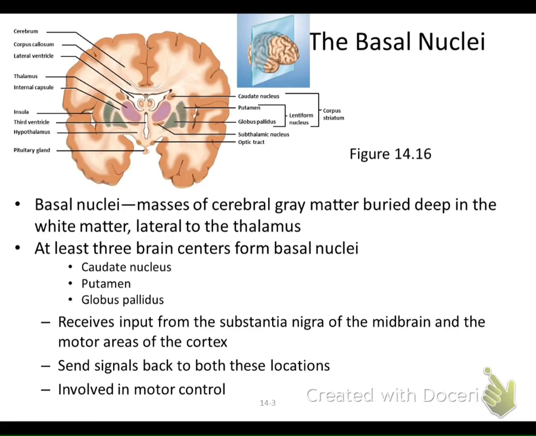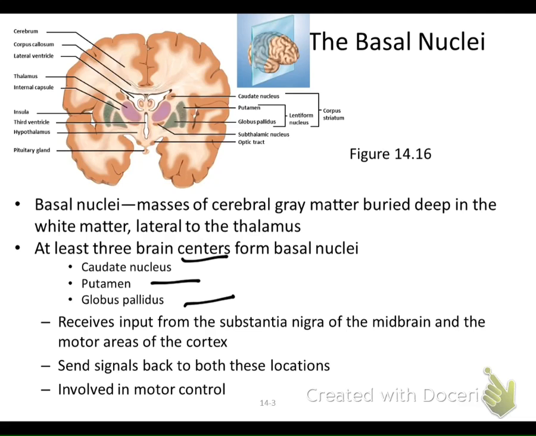Now, looking at this section through the brain, it turns out that there are 3 centers that make up this thing called the basal nuclei. And you saw them all on your list from the lab. There's the caudate nucleus, there's the putamen, and the globus pallidus.